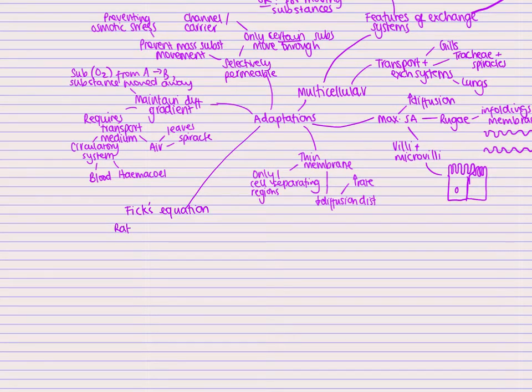So rate of diffusion is proportional to the surface area of the exchange surface times the concentration difference from A to B, where A and B are two separate places, divided by the diffusion distance. And you can see there that each of those factors that we've tried to limit with our adaptations are included in our equation. So they're all equally as important.